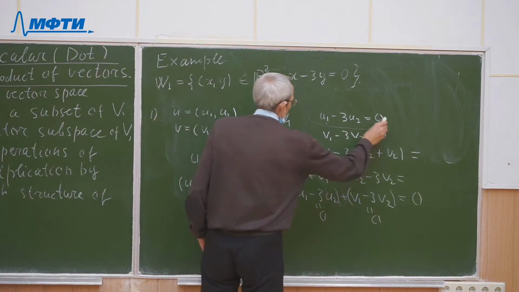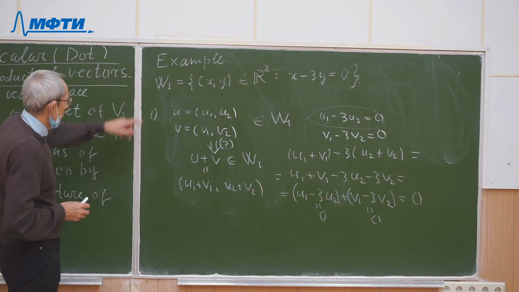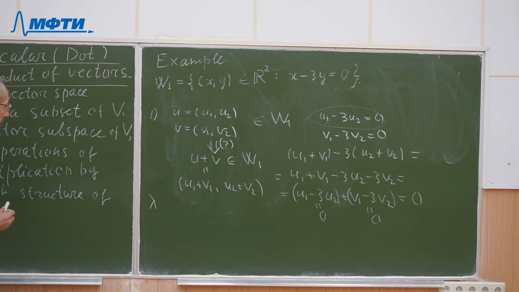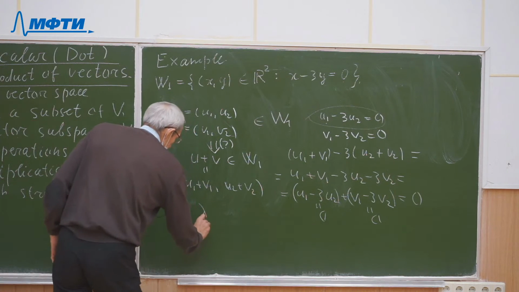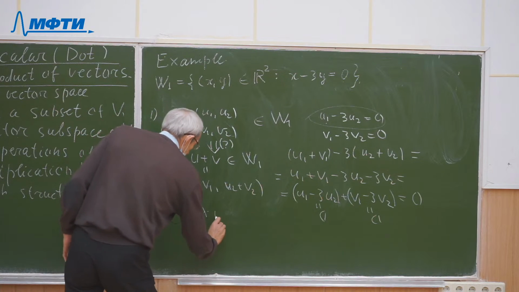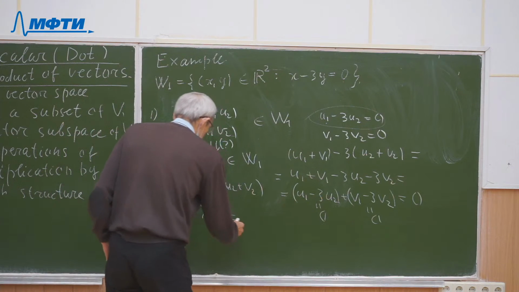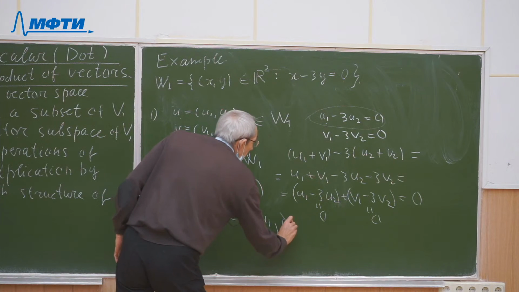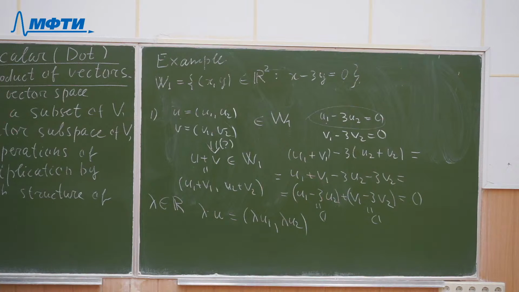Let u be an arbitrary vector from W1, and lambda an arbitrary real number. Let's consider the scalar product lambda u, and we obtain a vector with coordinates lambda u1, lambda u2.